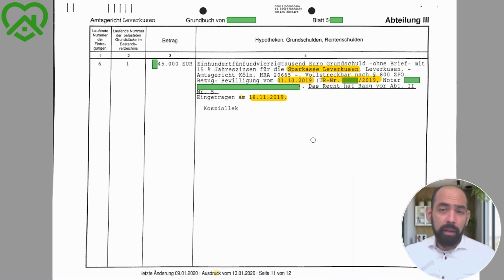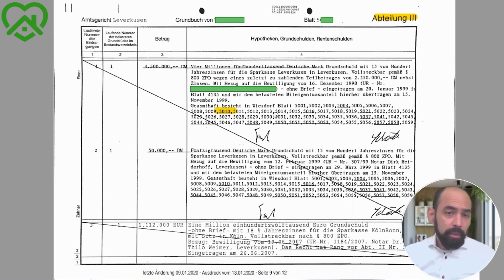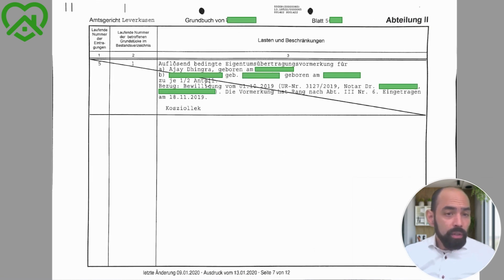This is what you see right now here. What also happened is I was mentioned as the next owner, also based on the same document, which was on 1st of October 2019, right? Here you see the notarized copy date as well as the unique identifier for that. We were mentioned, so my wife and myself were mentioned as the next owner.